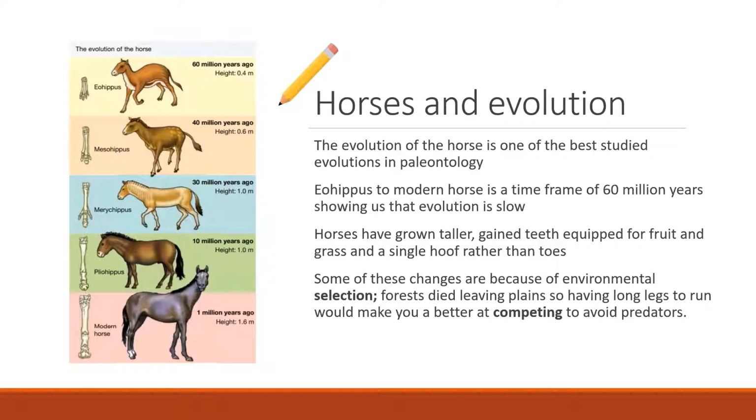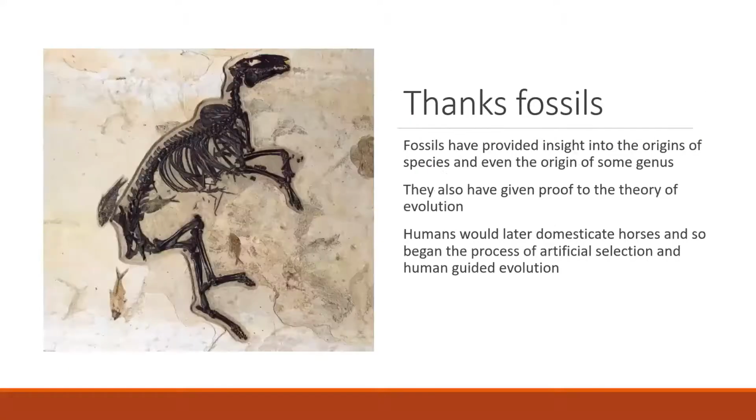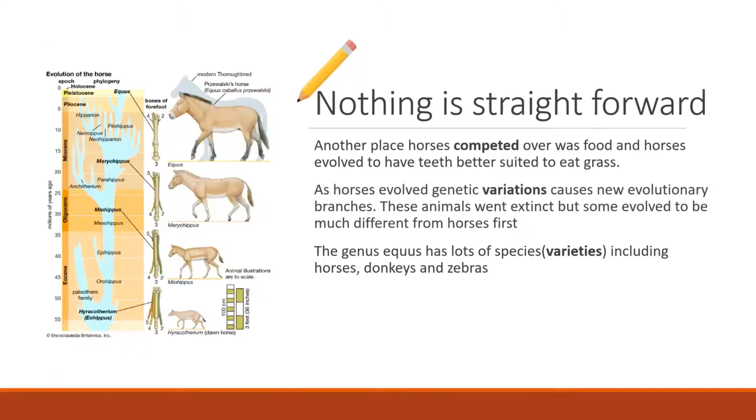And then we talked about how it's not necessarily straightforward. You didn't just go from ancient horses to modern horses. There were a lot of different branches that happened over time. Different horses. It's almost like evolution tried different versions of a horse.